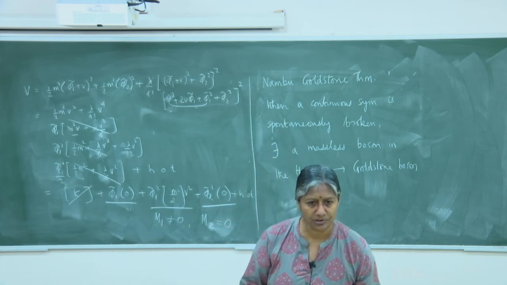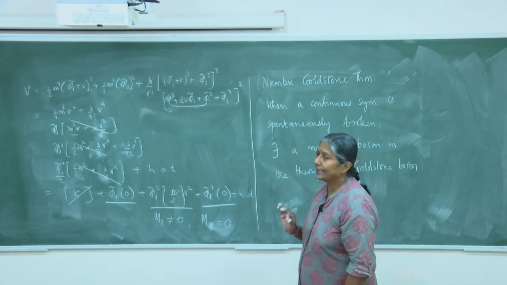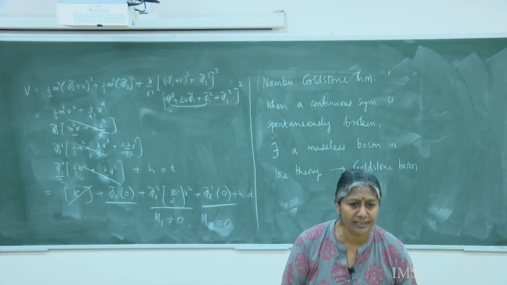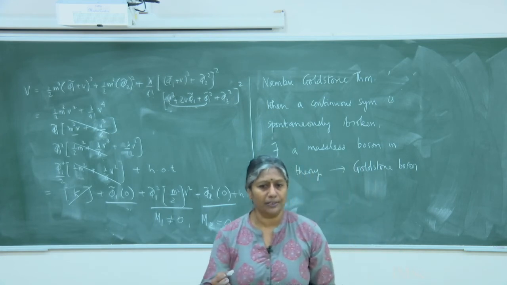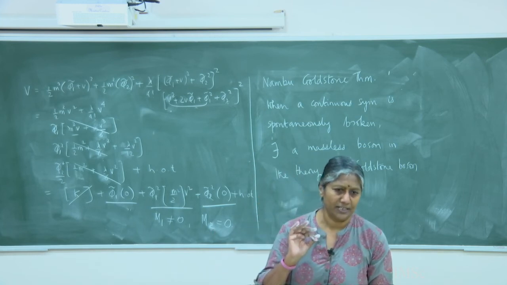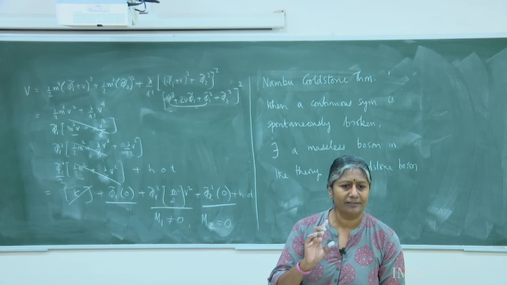M squared was positive definite, square root of minus 2 small m squared, and therefore it was a well defined theory. However, in redefining these fields, because we had to choose a particular ground state, the ground state broke the invariance that the Lagrangian has. Please understand, remember, the Lagrangian still carries this invariance.